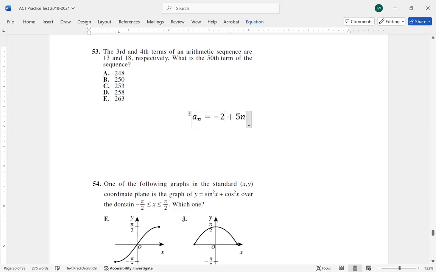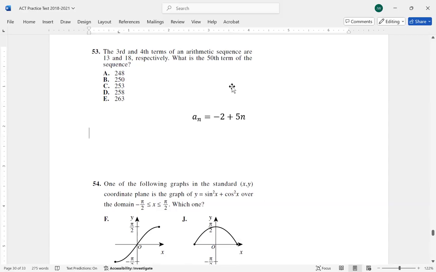Note that if you start at a -2, then when you plug in an n of 3, -2 plus 15 will give you 13. And if you did an n of 4, -2 plus 5 times 4 is -2 plus 20. That would give you 18. So my sequence is that the nth term can be calculated by -2 plus 5n.